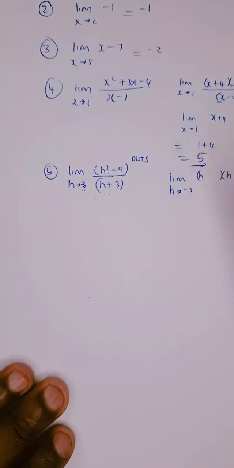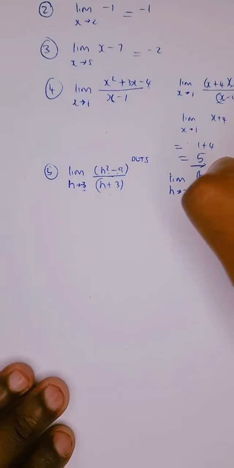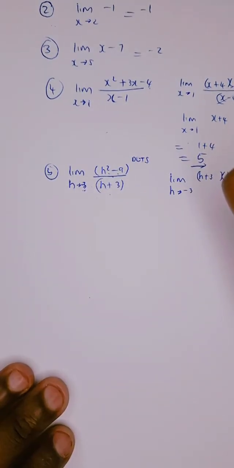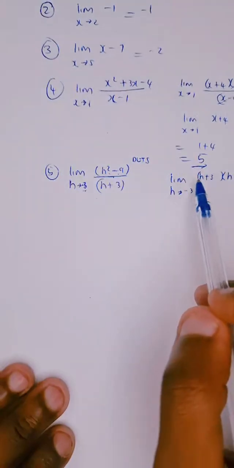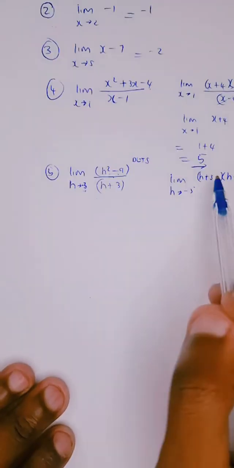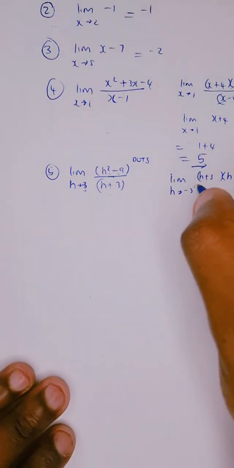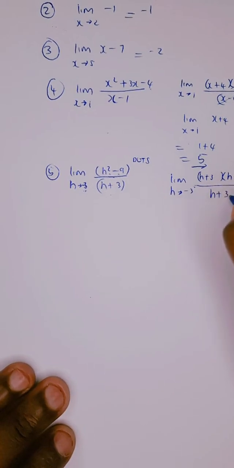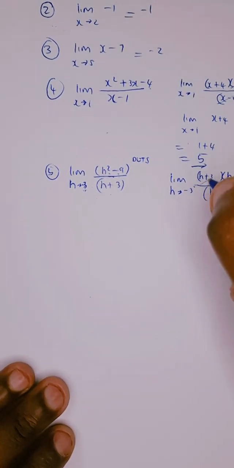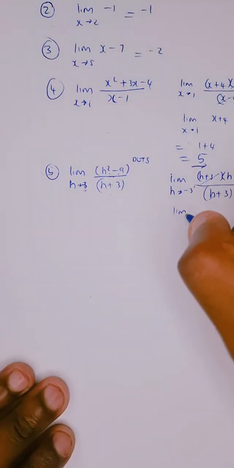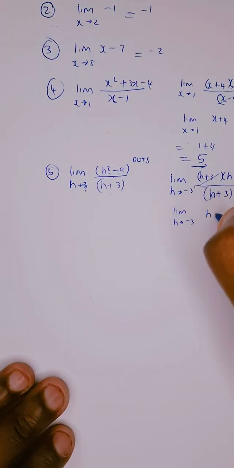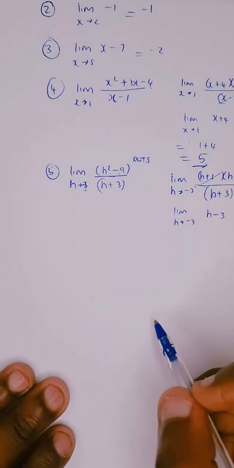We have h and h. Since it's a negative constant, we have positive 3 and negative 3, because the square root of h squared is h and the square root of 9 is 3. All over h plus 3. We know that these two cancel. We are left with h minus 3.